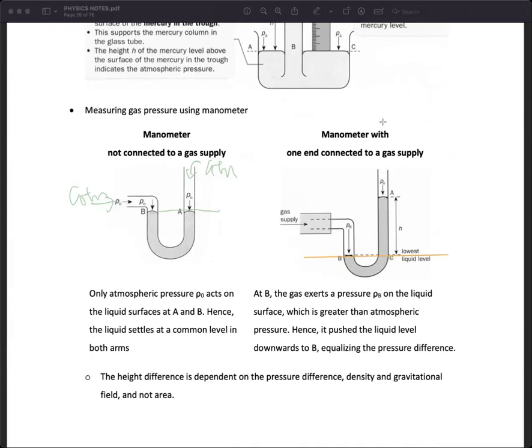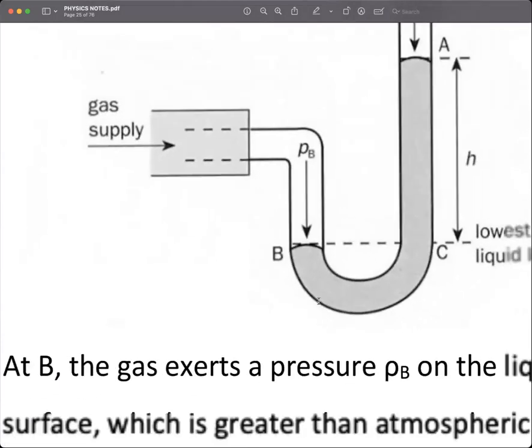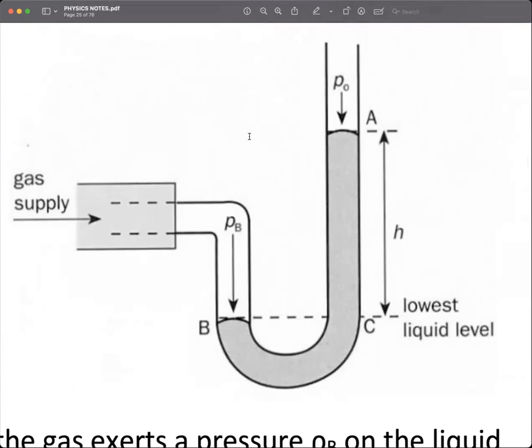Let me make it bigger. Point B here and point C here lie on the same line. Can you see that? So they have the same pressure.